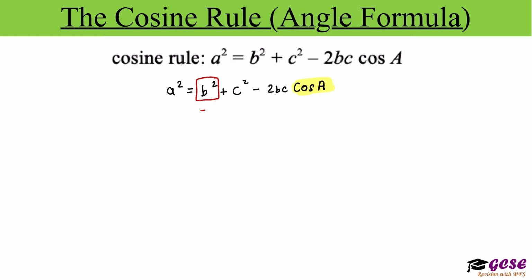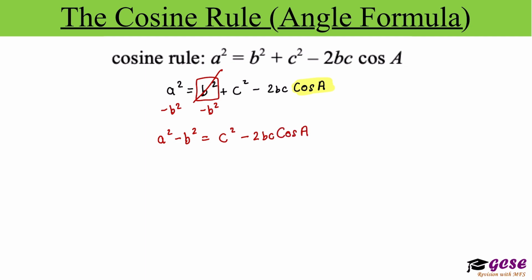So what we're going to do is we're going to subtract b squared. And whatever we do to one side, we must do to the other side. So we're going to subtract b squared from this side as well. Now that's going to get rid of this b squared, and we're going to be left with a squared minus b squared equals c squared minus 2bc cos a.